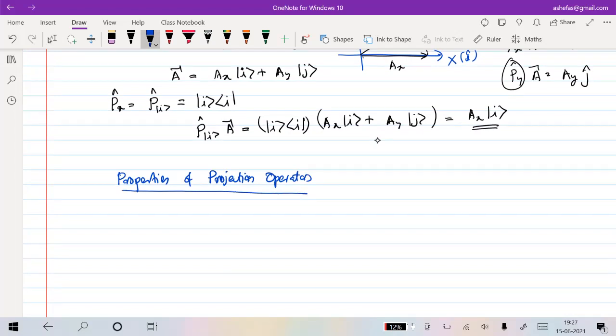The first property: the product of two projection operators is, in general, not a projection operator.